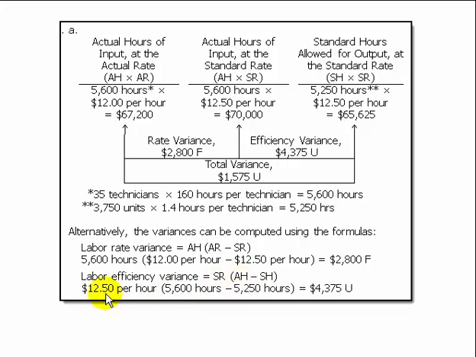So we take the $12.50 standard rate and we compare it to the 5,600 actual versus the 5,250 hours of standard. And since we used more hours, this one's going to be unfavorable. 4,375, which again matches here. 2,800 favorable matches there. And that's how we tackle the direct labor variances here.